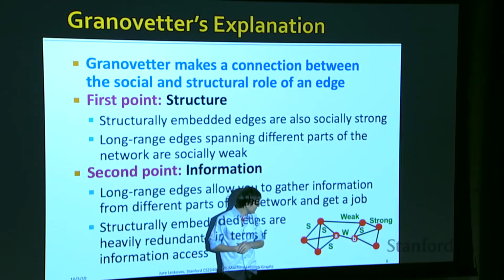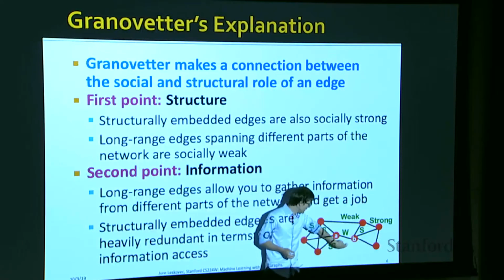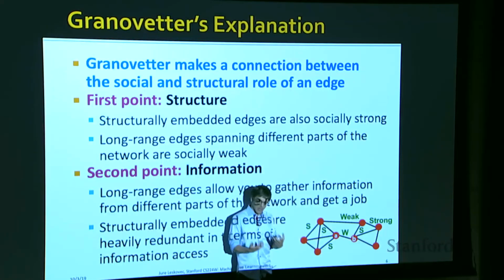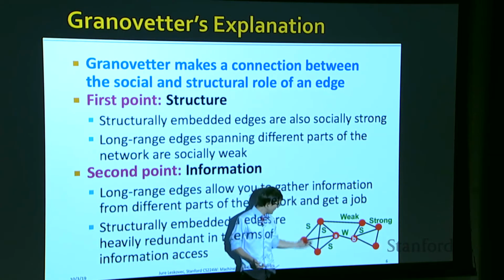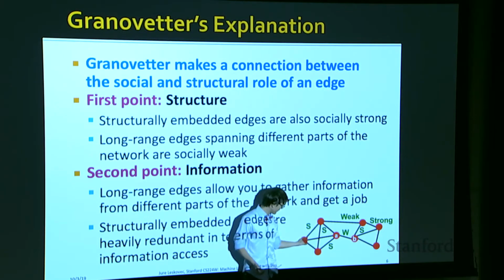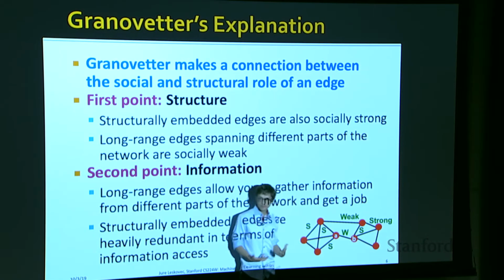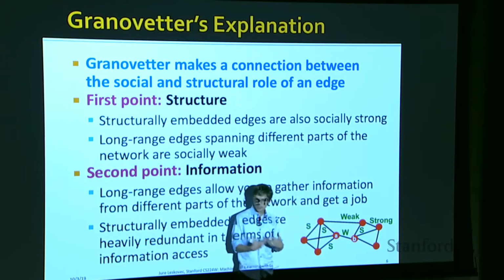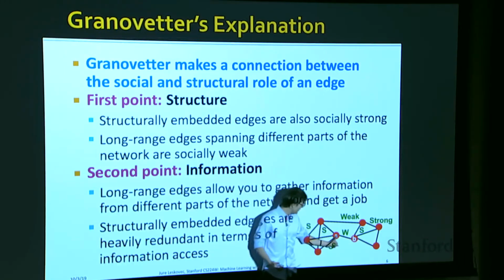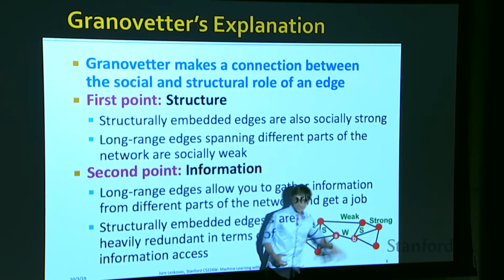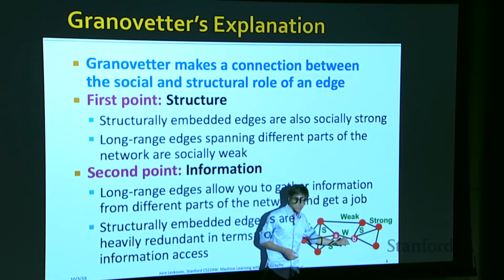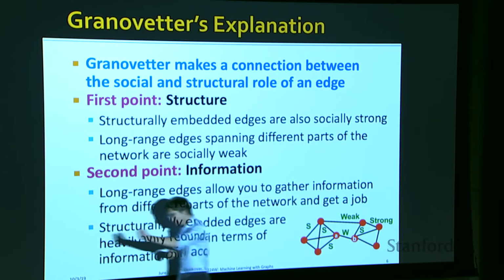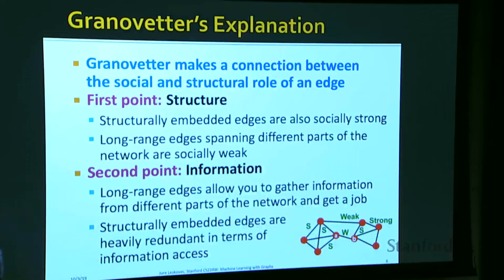If you think about node A in this little picture, these edges are very redundant, because anything I hear from this person, I can also learn from that person. But these are the edges that are socially strong. And the edges that allow you to access some other distant part of the network are socially weak, but they allow you long-range connection.